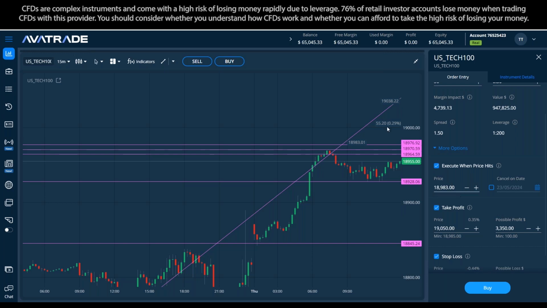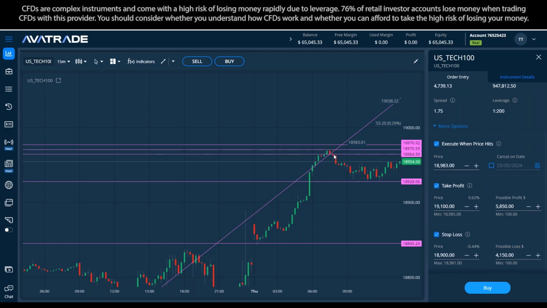Execute when price hits this price up here, take profit 19,100, stop loss back below where it broke through, so 18,950, or 18,925 even. Okay, so now this would be the setup for that pending order.